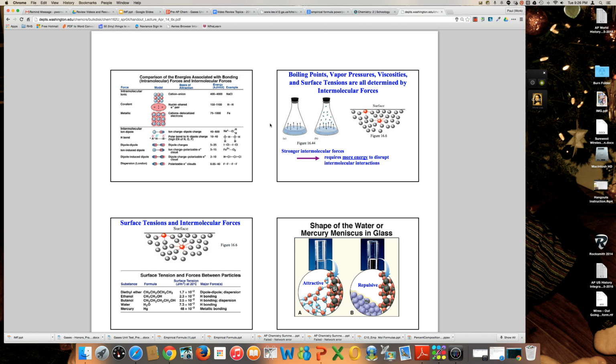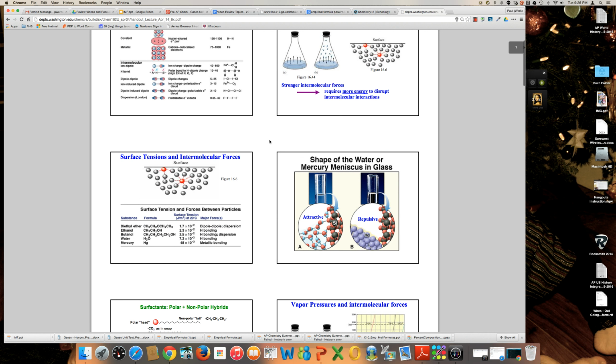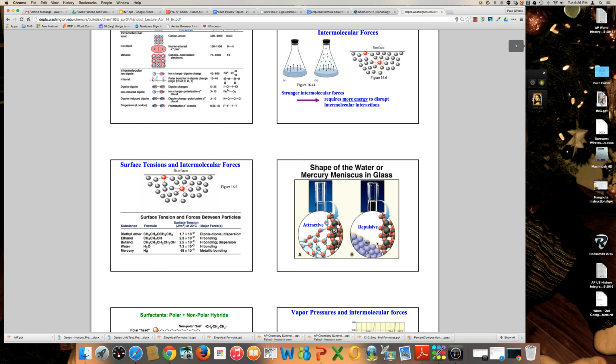So the stronger the intermolecular forces, the higher the viscosity, because it resists flow because there are stronger bonds. Surface tension is kind of interesting. The stronger the bonds, the greater the surface tension, which is again why water has such a high surface tension.